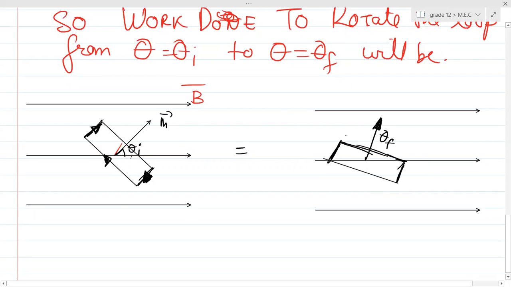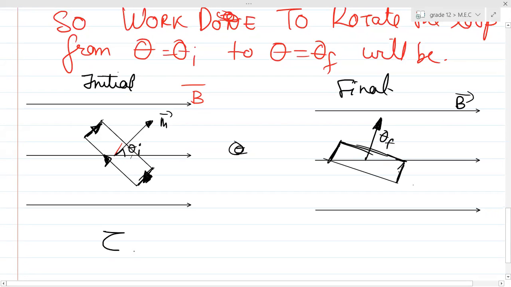The loop has traveled a certain angle. There is a difference between theta i and theta f. So this is the initial case and this is the final case. I want to make it from this position to this position.